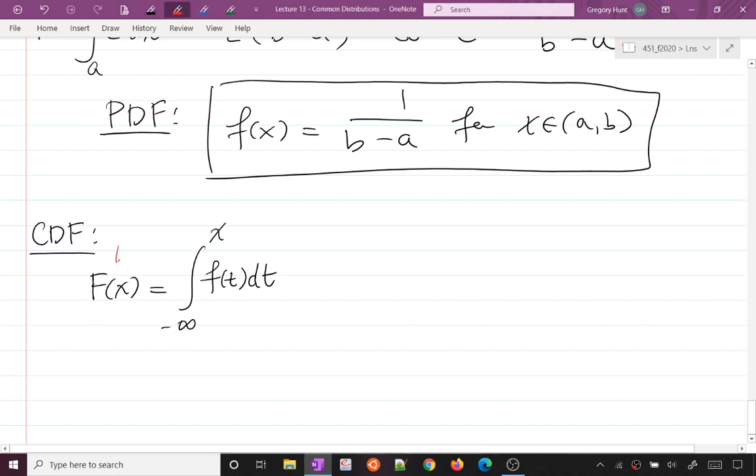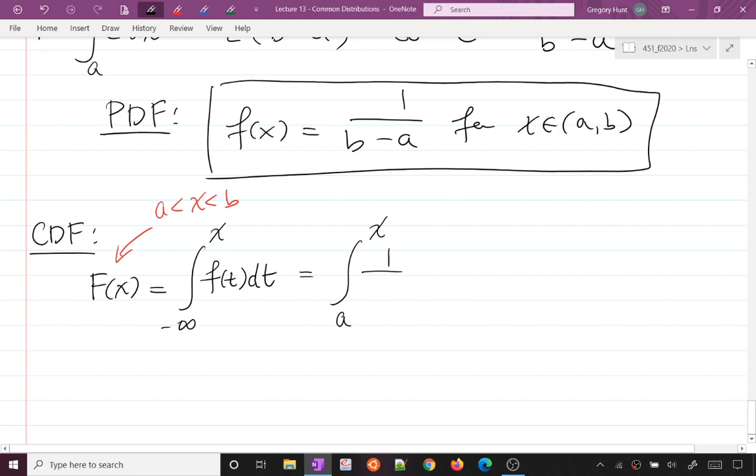Let's just look at where x is between a and b. It's going to be easy when it's outside a and b. If x is between a and b, then this is the integral from a to x of f(t), and we know what f(t) is.